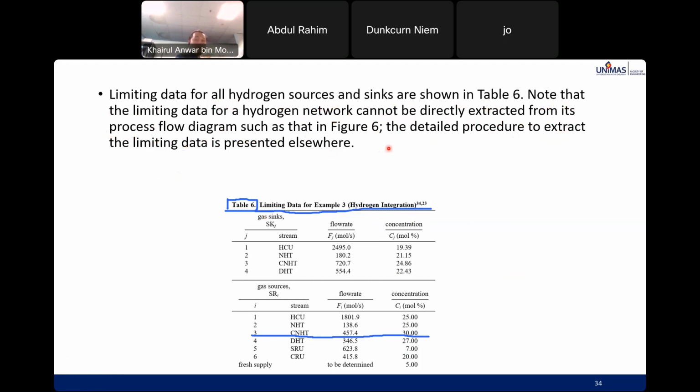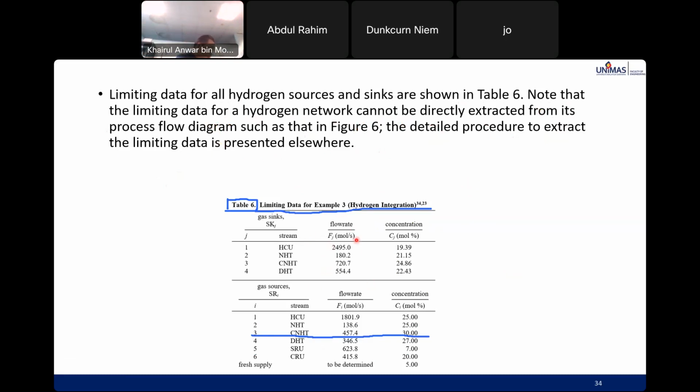So they didn't specify how, so the value here is actually calculated as well.